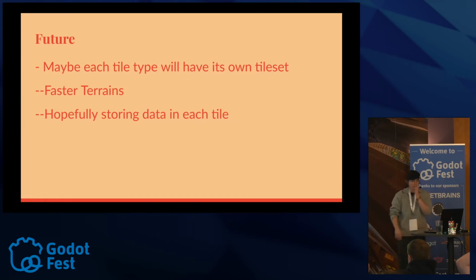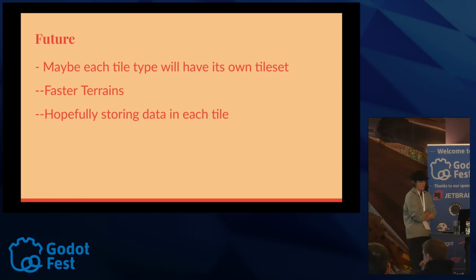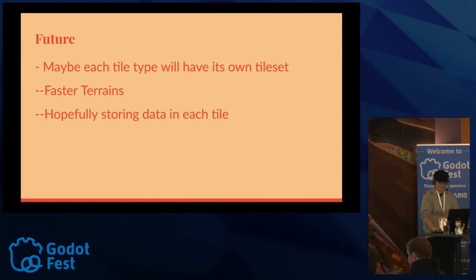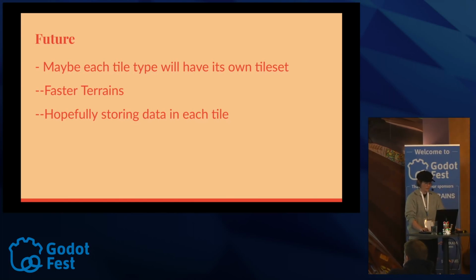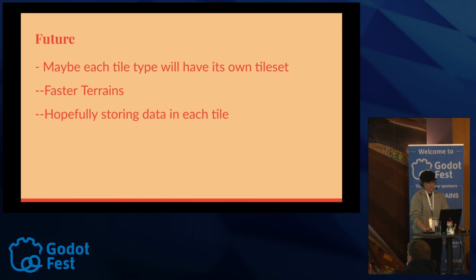I think that's the direction it's heading, because the current way, you can't do specific things like the dual grid. You need to add other complexity to have that. I don't know if you guys have seen the dual grid system. It's pretty cool.